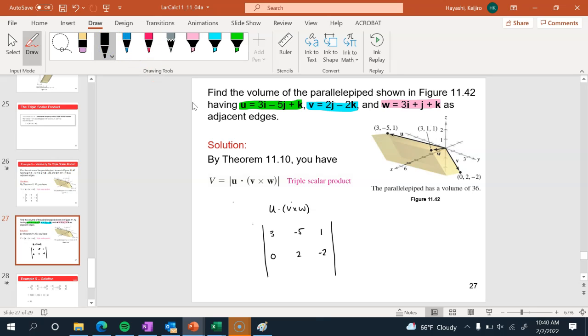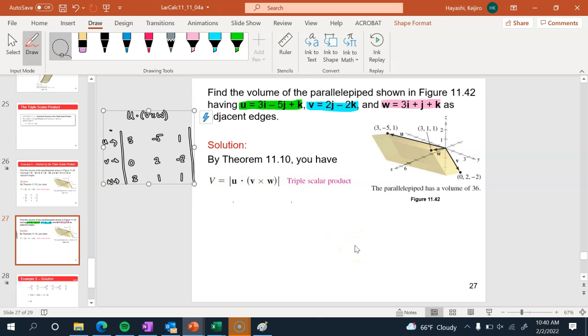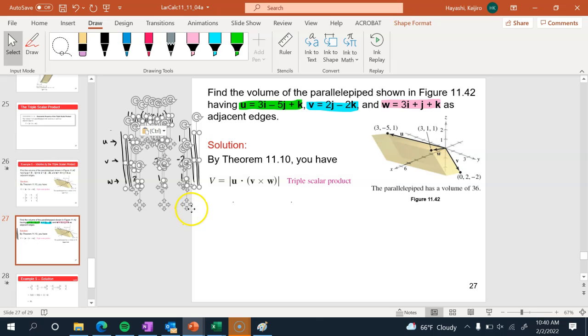And 3, 1, 1, yeah. All right, so this is from U, this is from V, and this is from W. Let me take this over to the left. Let me take this and copy it over twice.